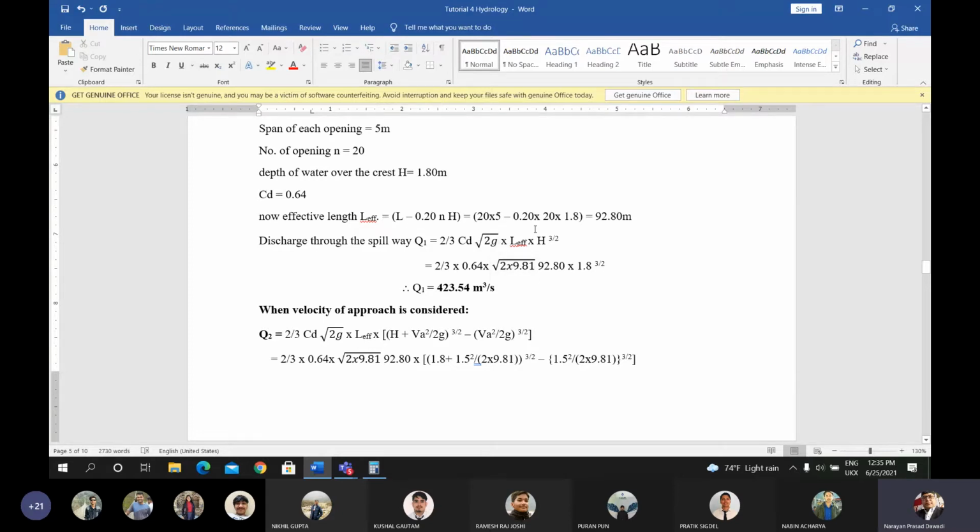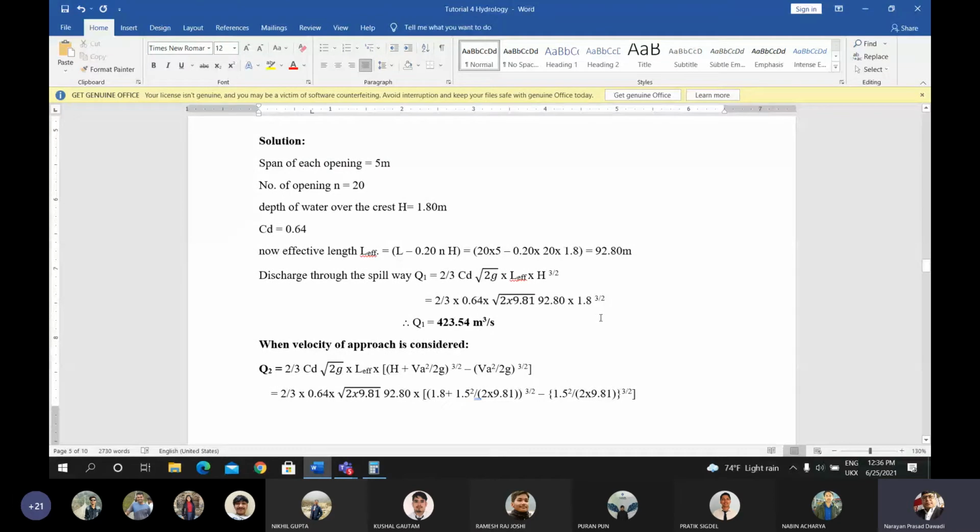The effective length of the waterway is considered. The effective length of the waterway is calculated by subtracting 0.2 times the number of bays into the head above the crest of the water from the total length of the spillway width.